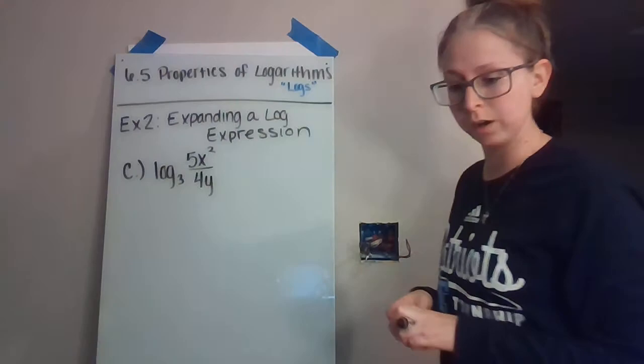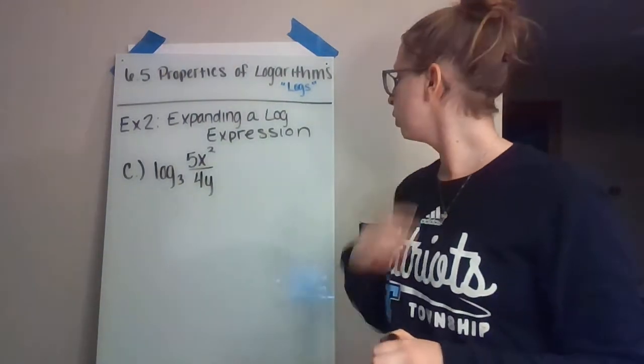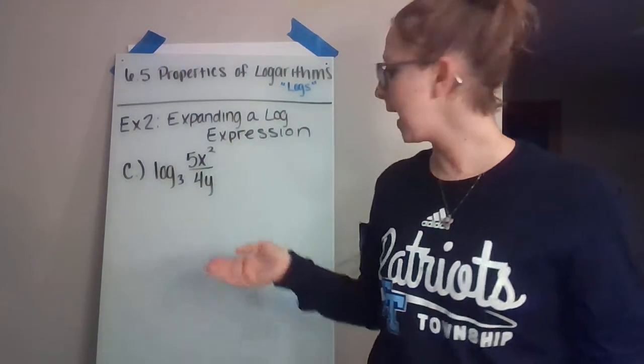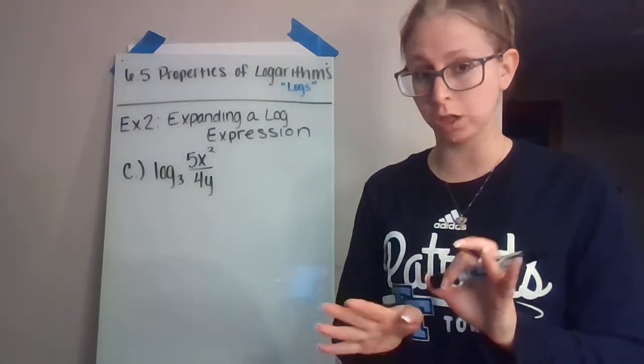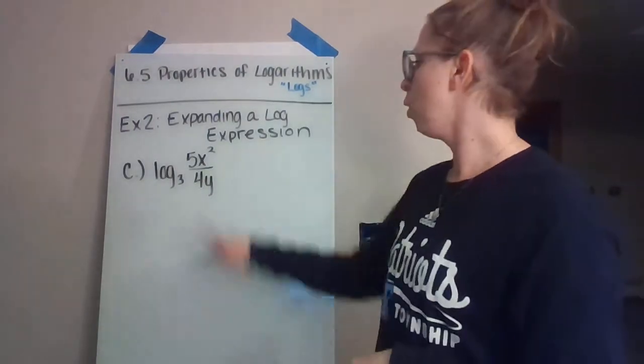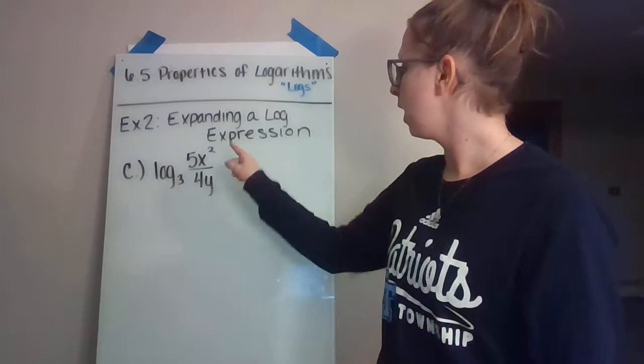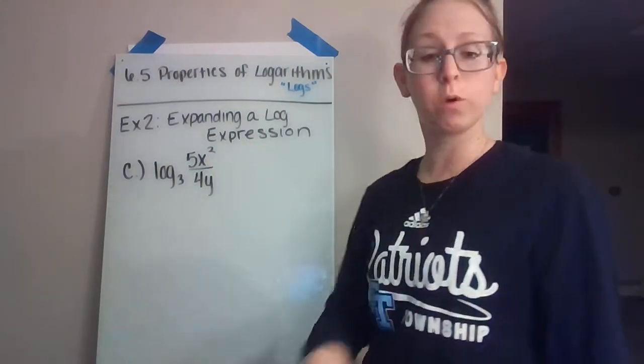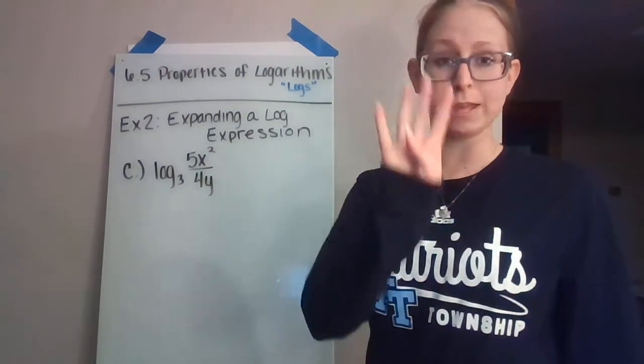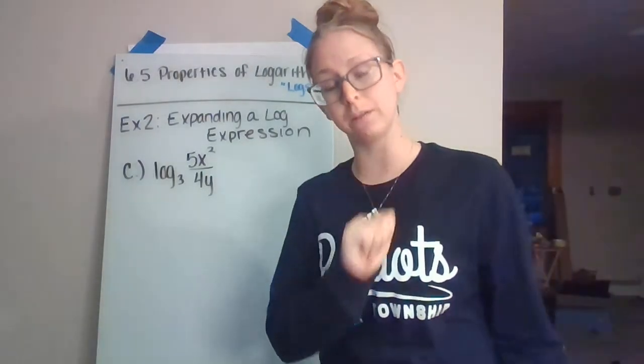Okay, 5x squared over 4y. So we have log 3. That's our log. How many things after? 1, the 5 is 1, x squared is 2, 4 is 3, y is 4. So we have 4 things. I need 4 logs.